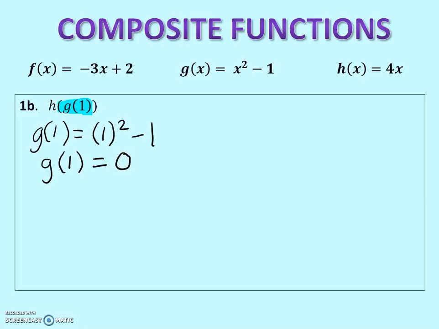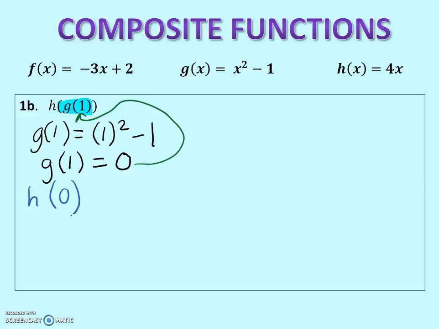Plugging in 1 for our x here gives us a value of 0, which we are now going to substitute with that g of 1 there. So our new problem becomes h of 0.